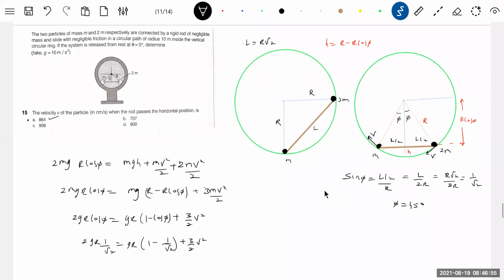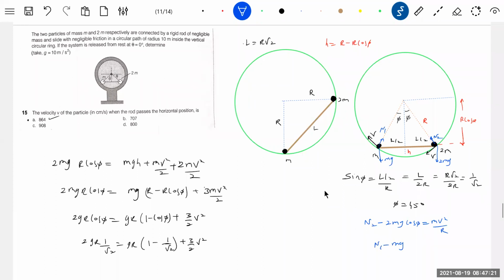Sir, I want to write some normal contact. Yes, go. Come on, right now. Who is stopping you? So there's a normal reaction, call it N2. What is the normal contact? N2 minus 2mg cos phi equal to mv square by r.